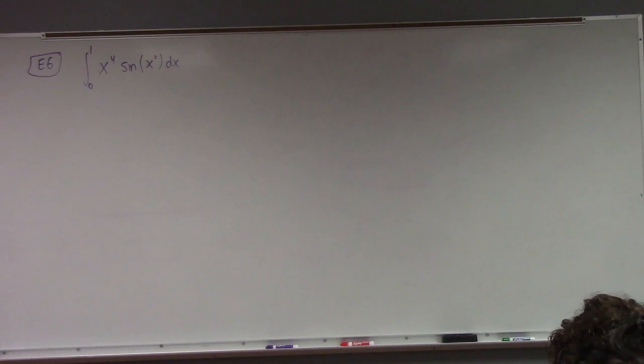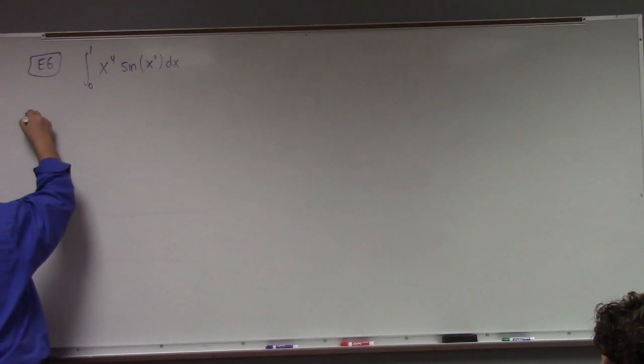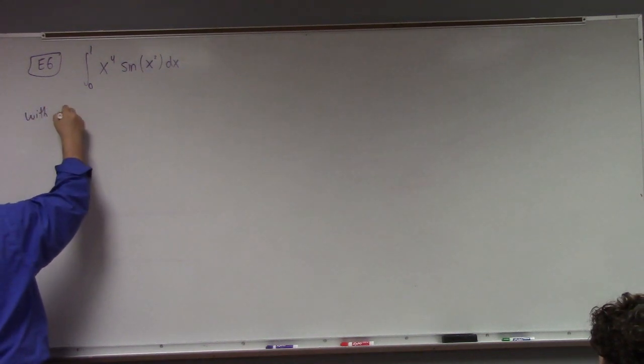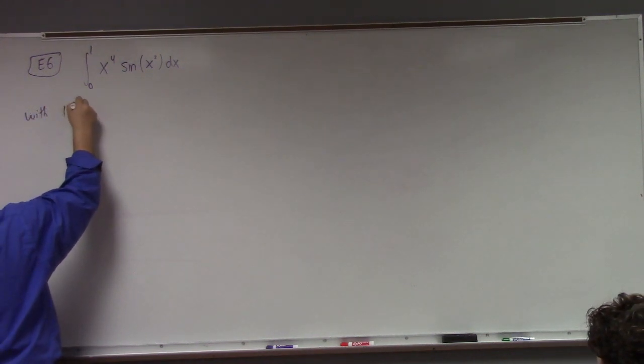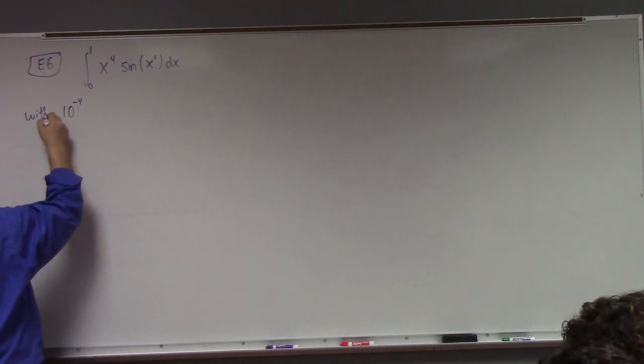And let's suppose we want to calculate that to some particular accuracy. You guys pick the accuracy. What do you want to do? Within, let's say, within 10 to the minus 4? All right.